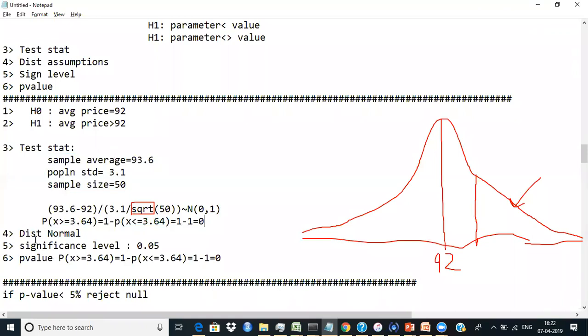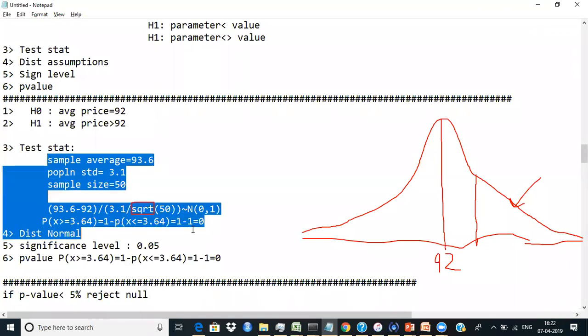So that's why in this particular case, the distribution under the null hypothesis will be normal. That's it. So the whole thing is taken care of in these 3 lines because we directly use CLT. The distributional assumption, the test statistic, and the p-value all come with it.